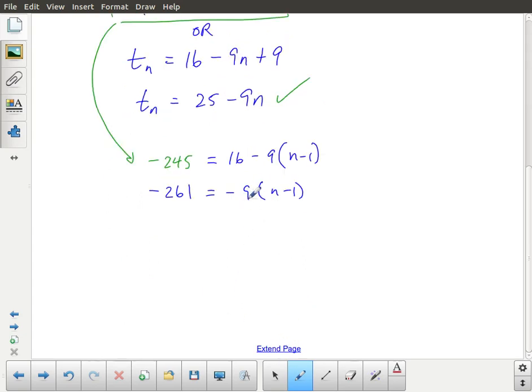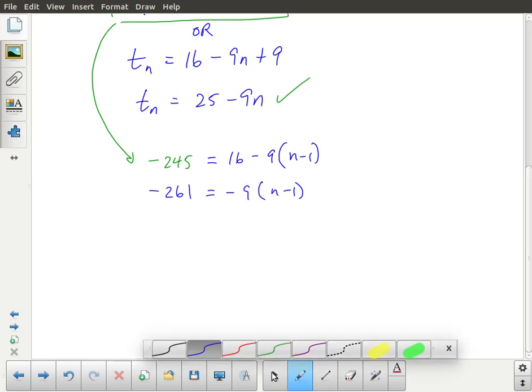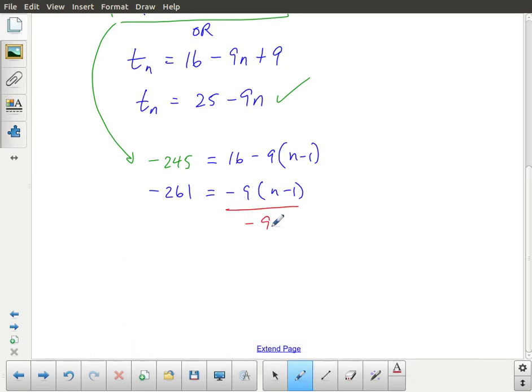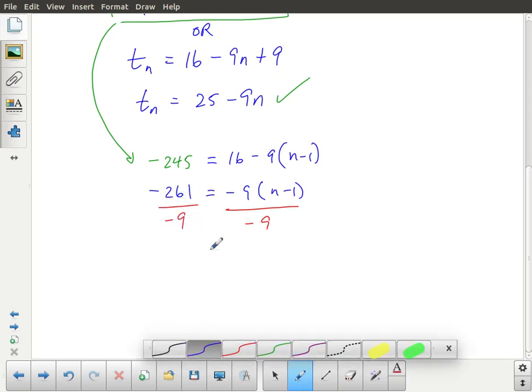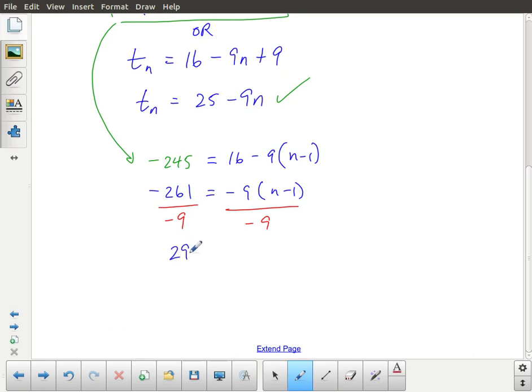And then I divide both sides by negative 9. I believe I'm going to end up with positive 29 on the left side and n minus 1 on the right side. And so I add 1 to both sides, and I end up with my final answer, which is that there are 30 terms in that particular sequence.